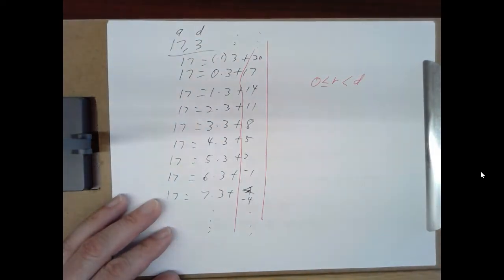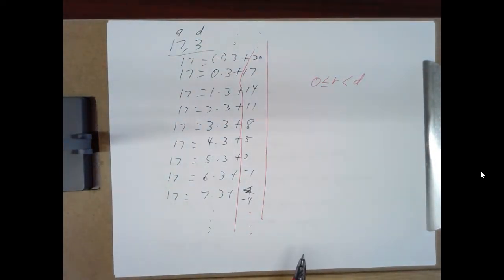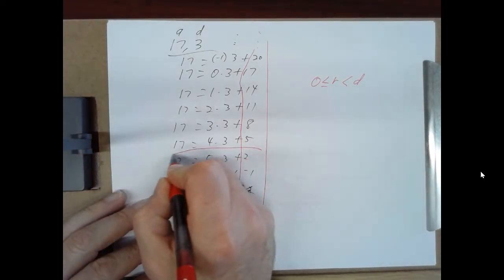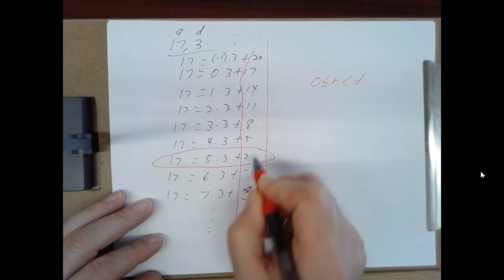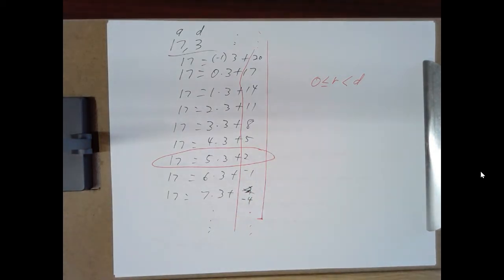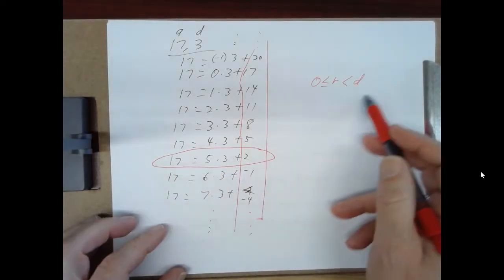So our divisor is 3. There should be exactly one of these where our remainder is either 0, 1, or 2. And that's this one right here. The division algorithm is a theorem that says there's always one and only one way to write this where your remainder has this property.